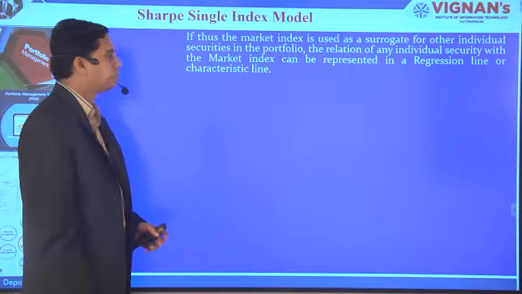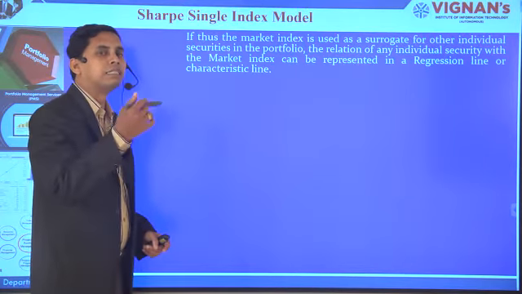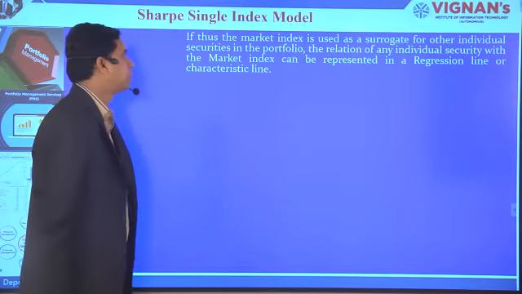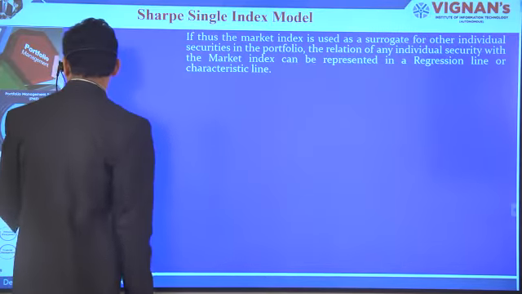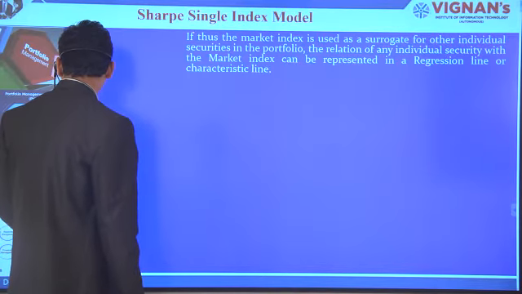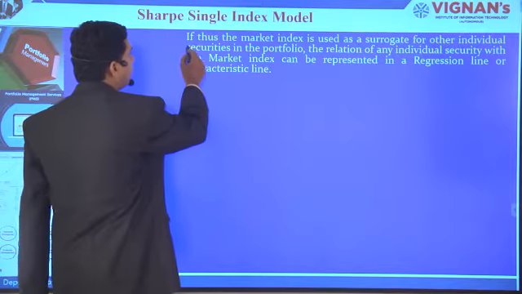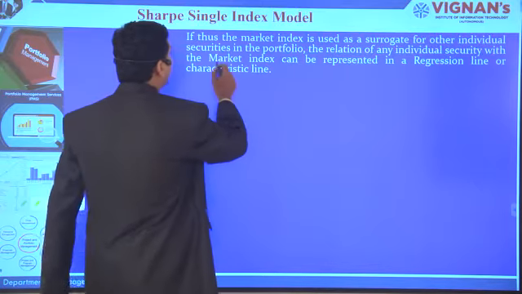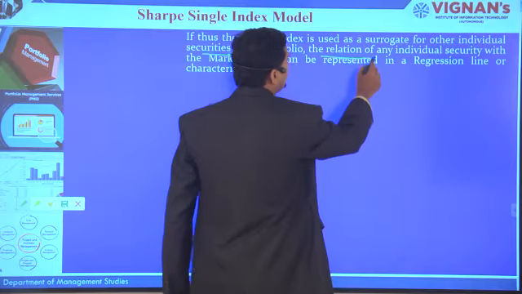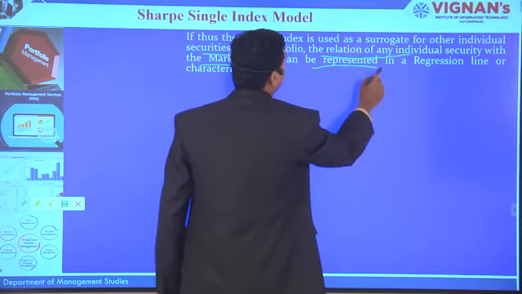Now, let us consider how to calculate the Sharpe single index model and how to find the best portfolio out of this Sharpe single index model. The relation of individual securities, portfolios and any other security with the market index can be presented in a regression line.